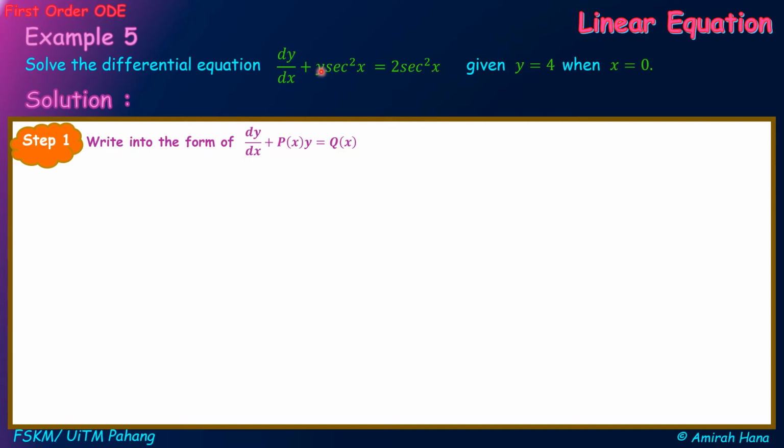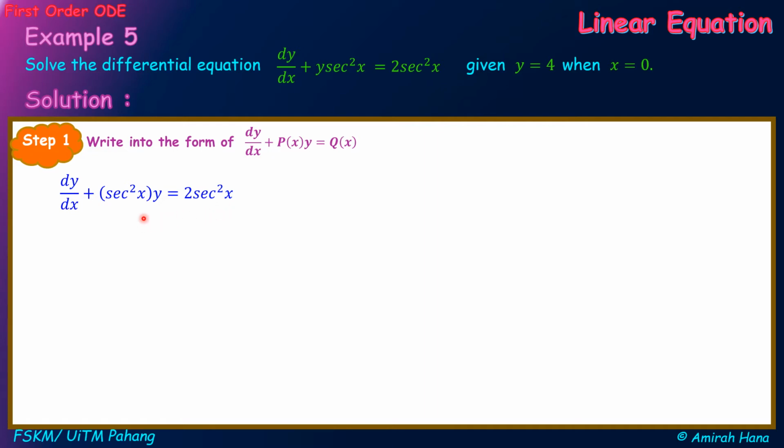In the given question, the coefficient of dy over dx is already positive 1, so we can rewrite dy over dx plus, putting y at the back, sec squared x times y, equals 2 sec squared x.